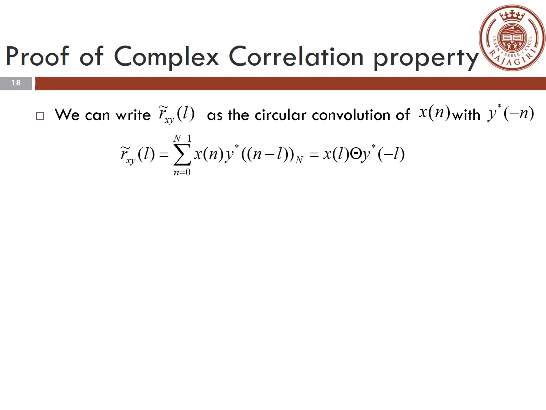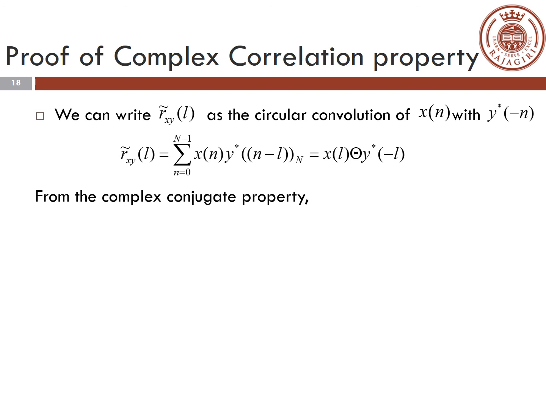We can write Rxy of L as sigma n equal to 0 to n minus 1 x of n y conjugate of n minus L, the circularly shifted n minus L. So that can be written as the convolution of x of n and y conjugate of minus n. So I can write this as x of L circular convolution y star of minus L.